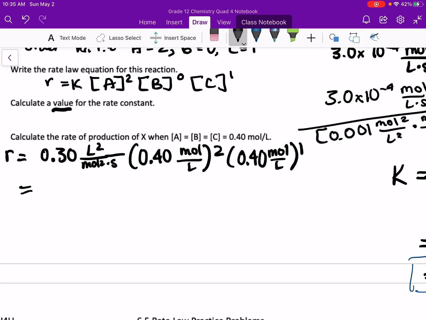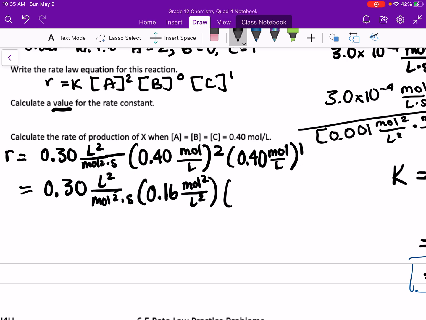To expand this, we're going to get 0.30 liters squared moles squared seconds, 0.16 moles squared liters squared, 0.40 moles per liter.